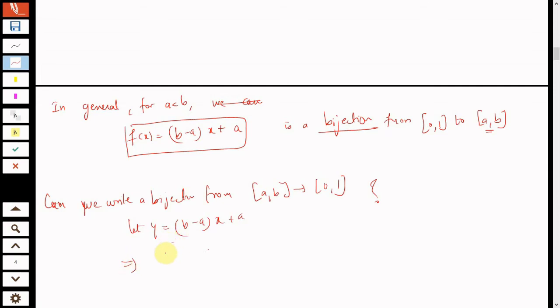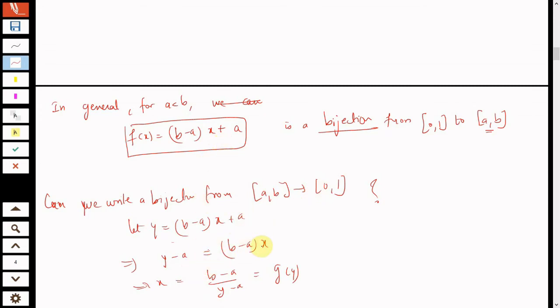So that is the same as saying y minus a equals b minus a into x. So that is the same as saying x is equal to y minus a by b minus a. So that's exactly the inverse of this function. So we are reversing the process, and I'm calling this g of y as the reverse process, and that is the bijection from a, b to 0, 1. And since it's the inverse of a bijection, it is also a bijection, okay.